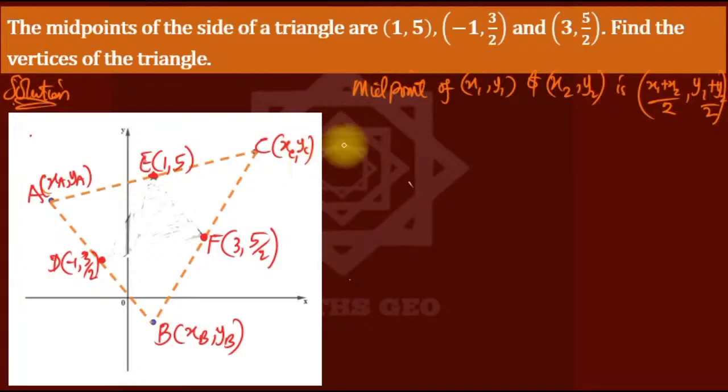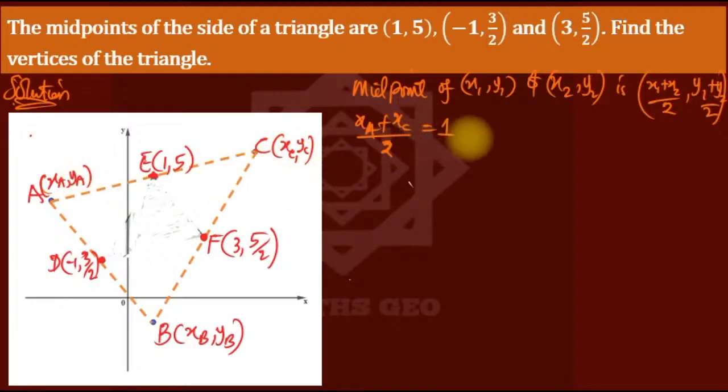So you know that the midpoint of AC for x coordinates, XA plus XC over 2, will give us 1. That's using this formula, the average, where this is x1, this is x2, y1, y2.